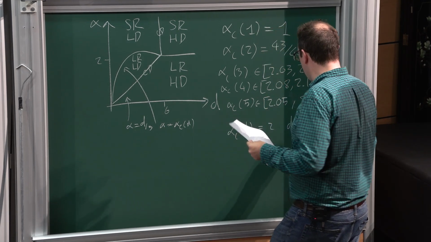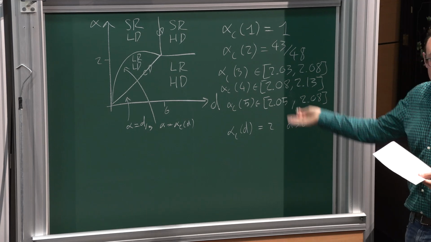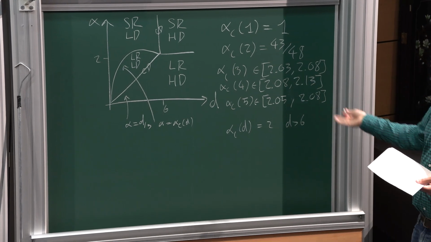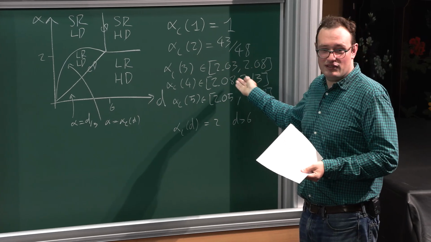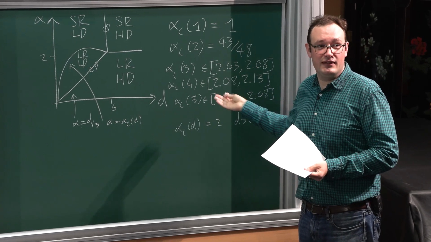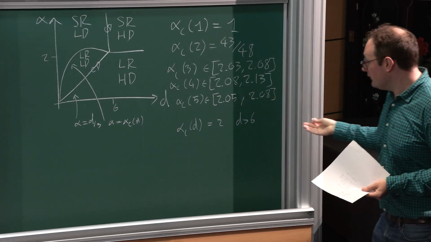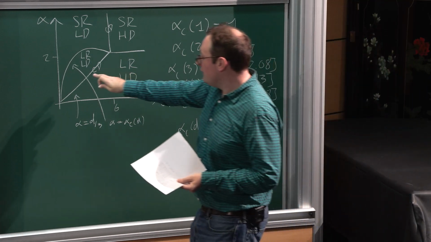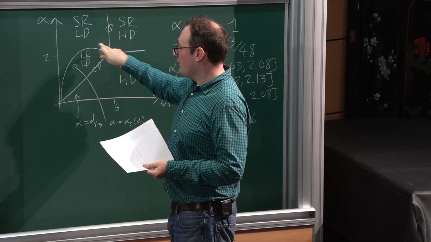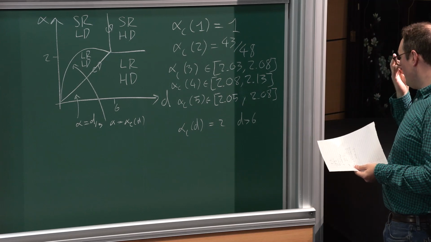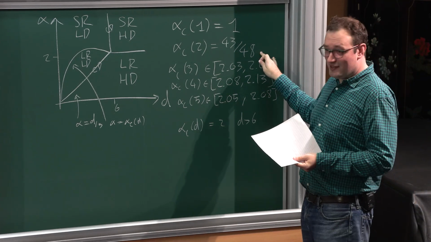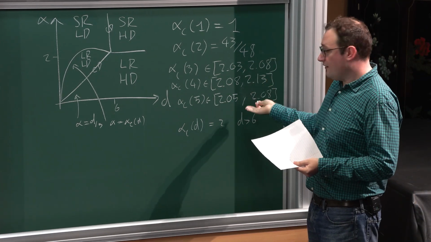In particular, if you believe these numerical estimates, and again, some of the values in these ranges are numerical and some come from the non-rigorous epsilon expansion method, it does appear that you have this non-monotonicity like this.